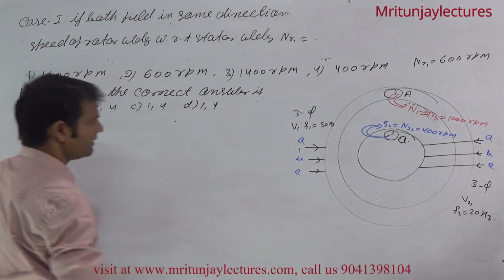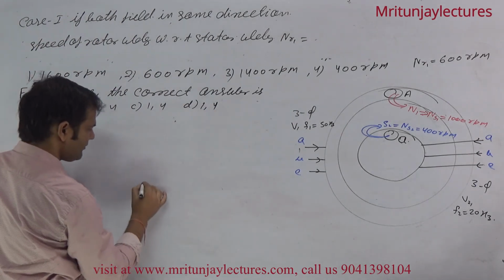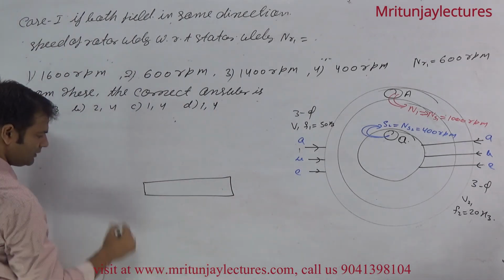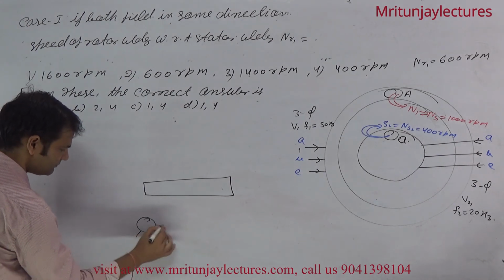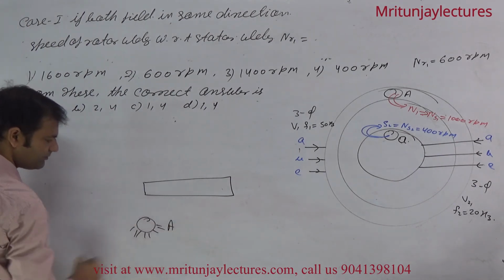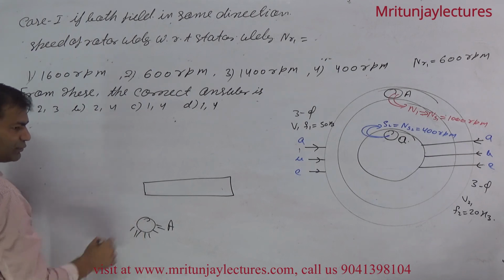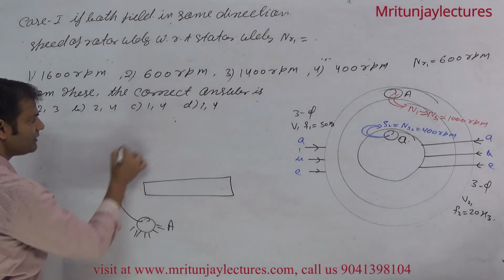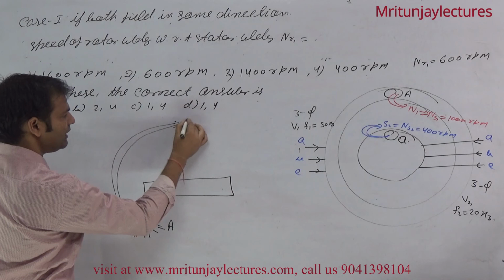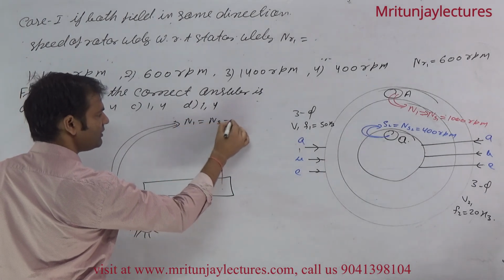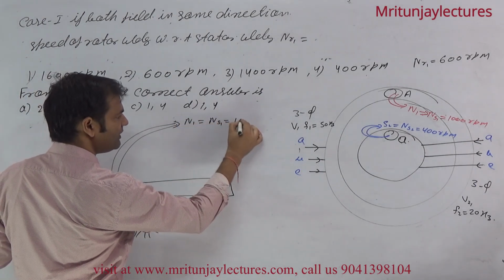Now make the linear diagram. This one is the stator winding, that is A. You sit on the stator winding and see the stator field N1, that is NS1, that is 1000 rpm. Clear?